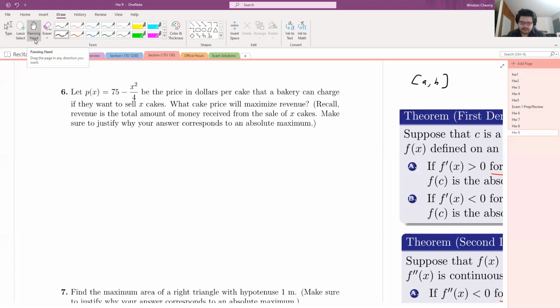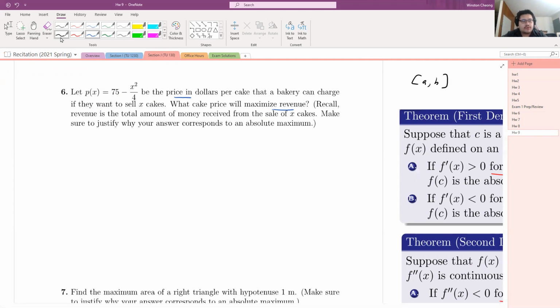So I'm going to have to speed up near the end probably, but I'll try to be very slow at the beginning. Right. So in this problem, we want to maximize revenue. We're given this price function.